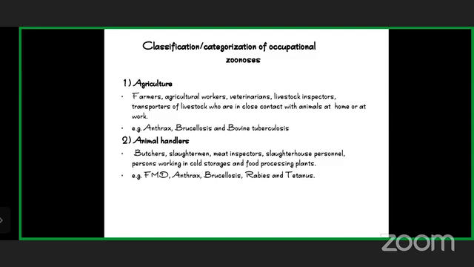As with this microorganism, the individuals who come in close contact with animals, if the animal is having brucellosis, are at risk, particularly when the person comes in contact with the vaginal discharges.